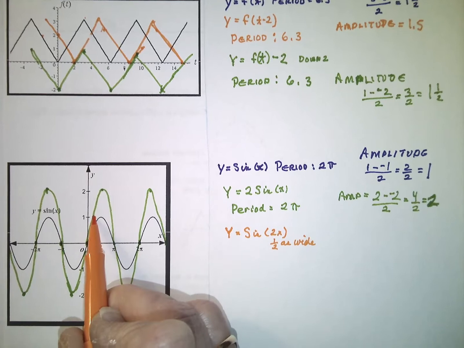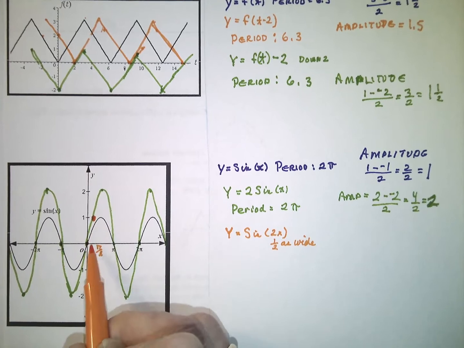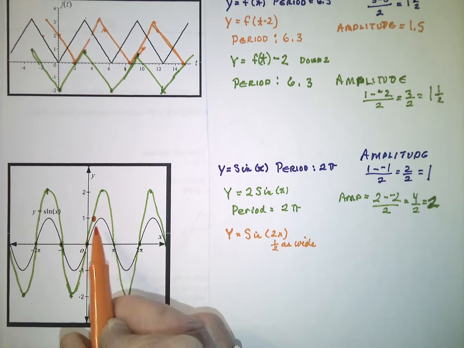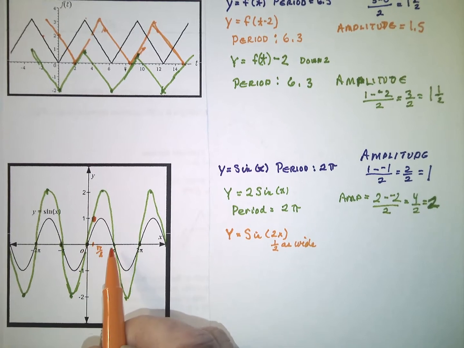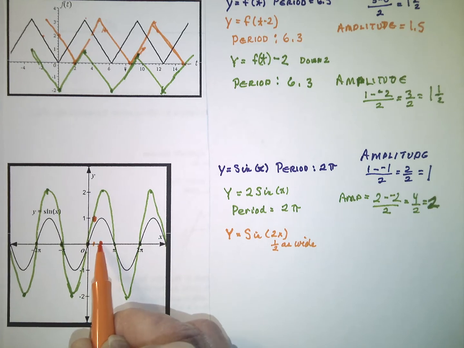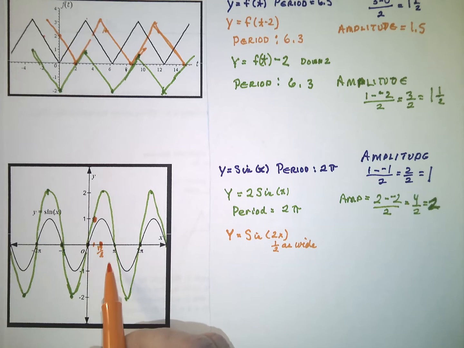It's going to reach that maximum height by the time it hits pi over 4. Originally, we came back down again and hit 0 when the x value was pi. Well, it's going to do that now in half the time. It's going to hit 0 by the time we get to half a pi.